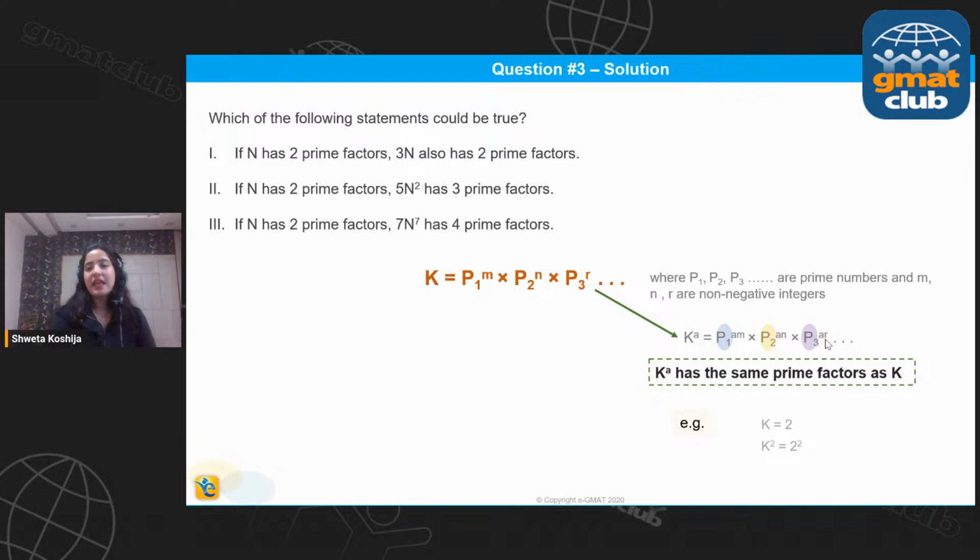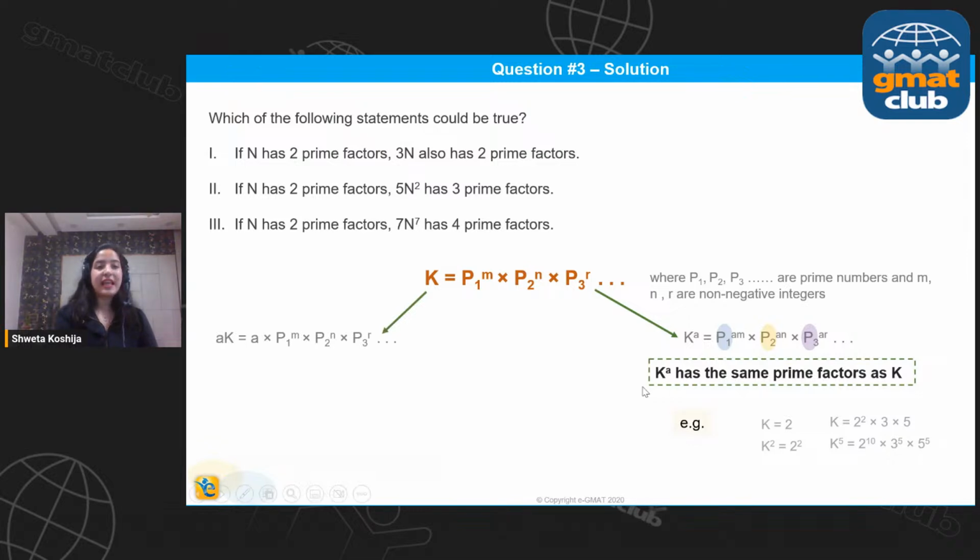Simple example, if k is 2, k squared is 2 squared. The prime factor does not change. If k is this thing here, even after you do k to the power 5, the prime factors stay the same. So however many prime factors k has, k to the power a will also have the same.